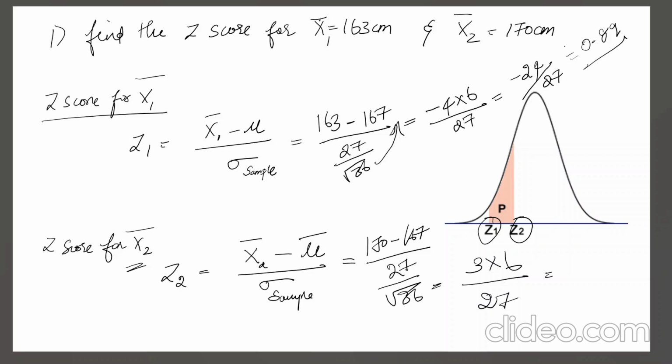This is minus 0.8. The sign is also important because it tells whether the value is before the mean or after the mean. That is 18 by 27, 0.67.